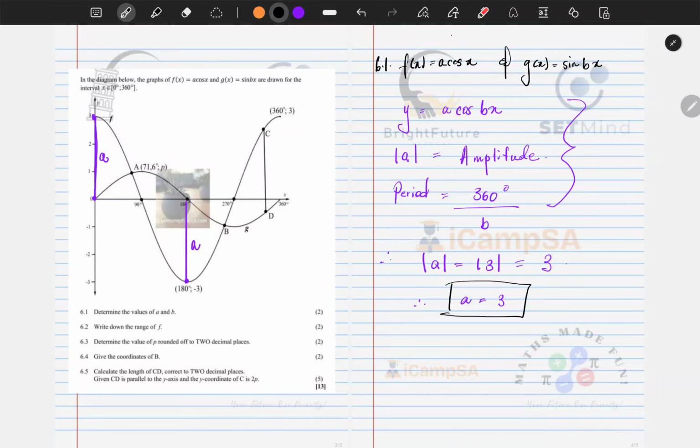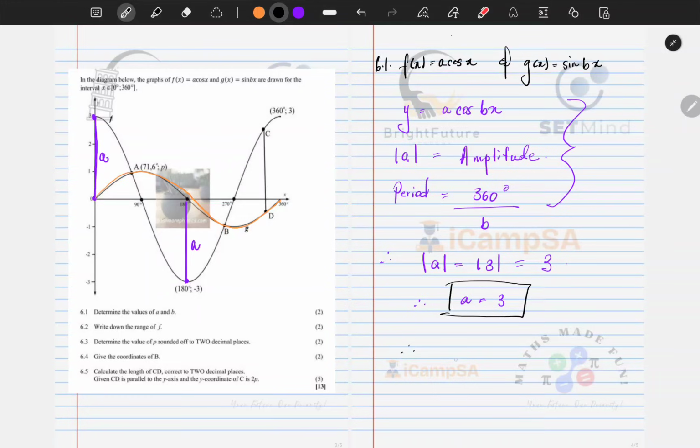So how do I find the value of b? Remember, b is your scaling factor, and it defines the period. If you look at g(x), the period of g(x) is just 360. It starts from 0, it intersects the x-axis at 180, and then it goes back to the origin of the graph at 360.